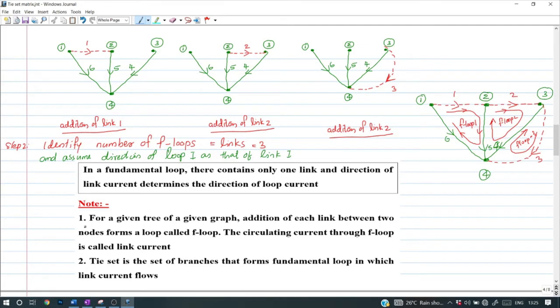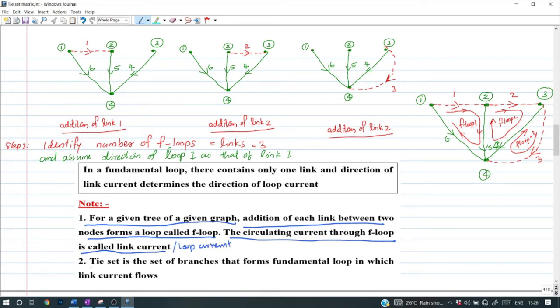So you need to note these points. For a given tree of a given graph, addition of each link between two nodes forms a loop called a fundamental loop. The circulating current through a fundamental loop is also known as link current. It can be called loop current or link current.